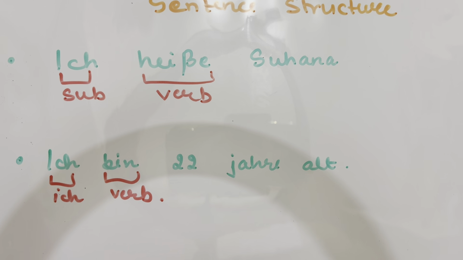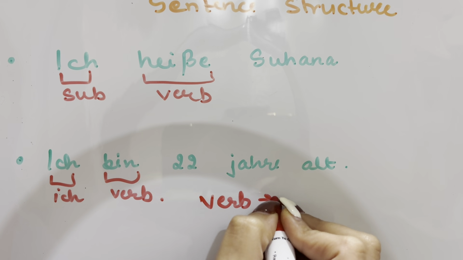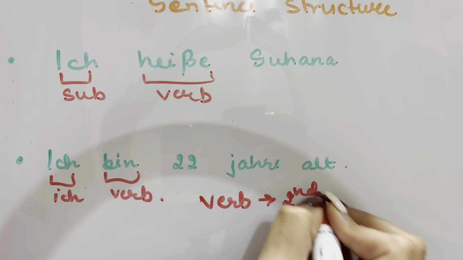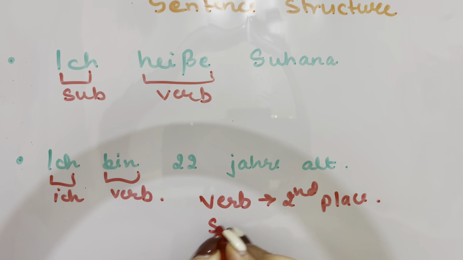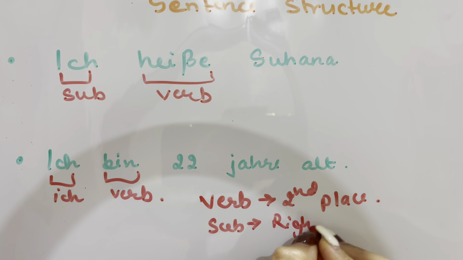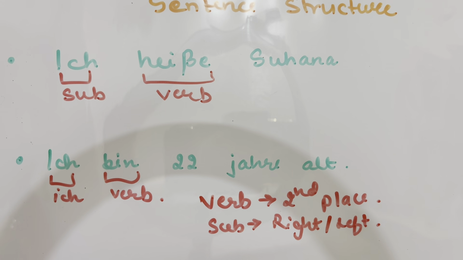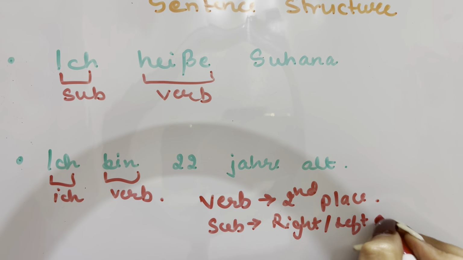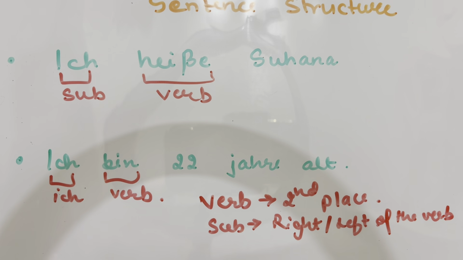So, one thing to remember is that the verb always takes the second place in a sentence, and the subject is either on the right or on the left. Right now, the subject is on the left of the verb.